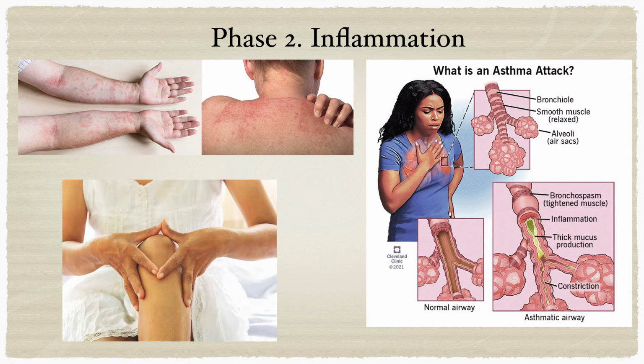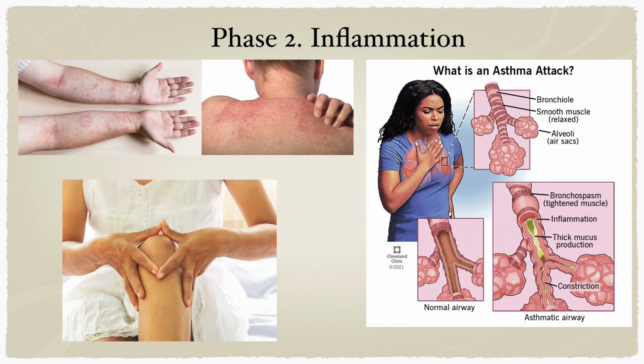So here we have the inflammation phase. We've suppressed the first phase, and now it's going to go a little bit deeper, just to remind us that our body is not having a good time. So we have perhaps inflammation on the skin, itchy red blotches, we might have achy joints, and sometimes we might almost feel like an asthma attack is happening.